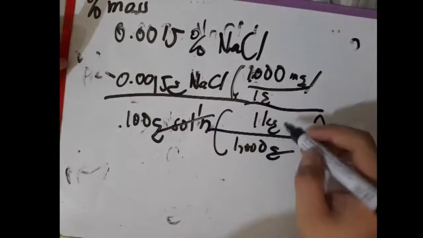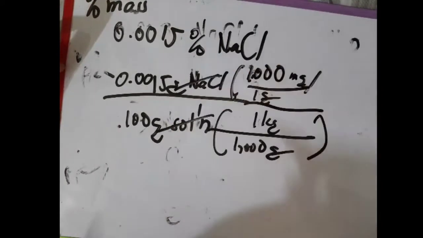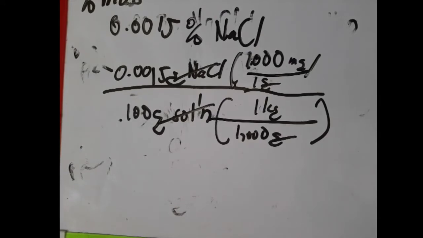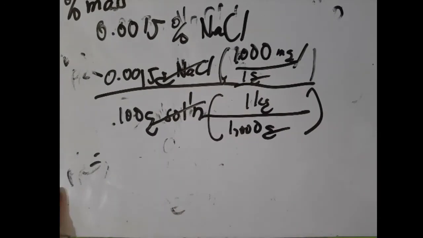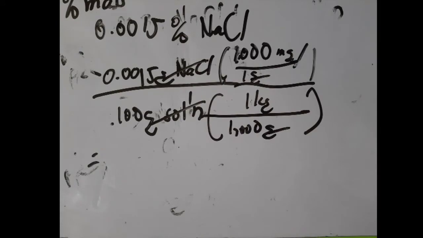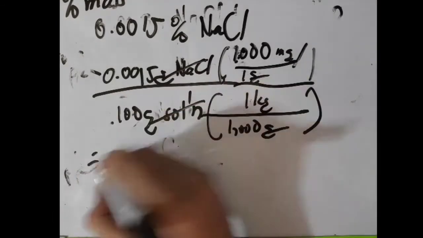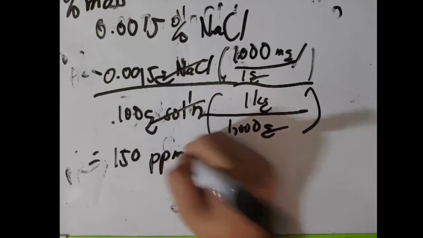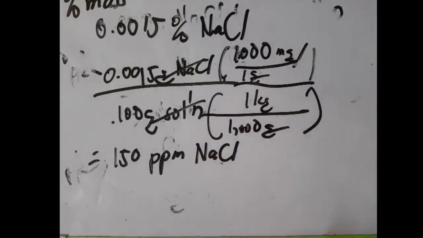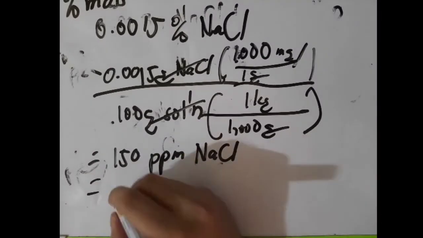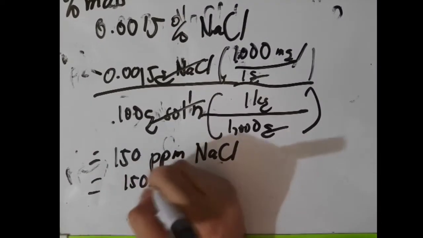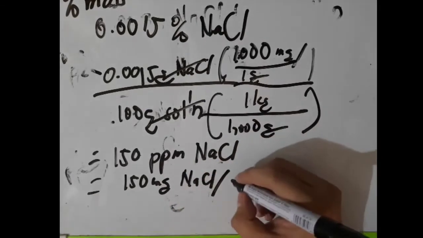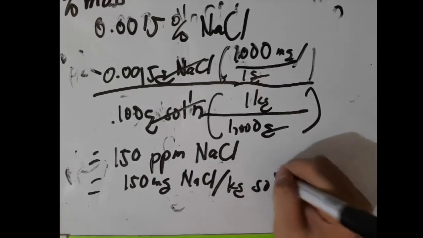So we cancel units, plug in our values, and in our calculator we get 150 parts per million of sodium chloride, or 150 milligrams of sodium chloride per kilogram of the solution or the mixture.